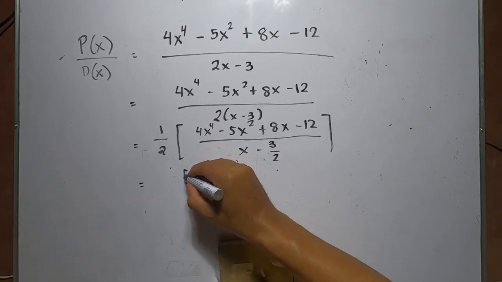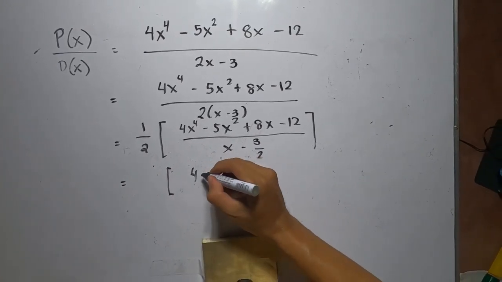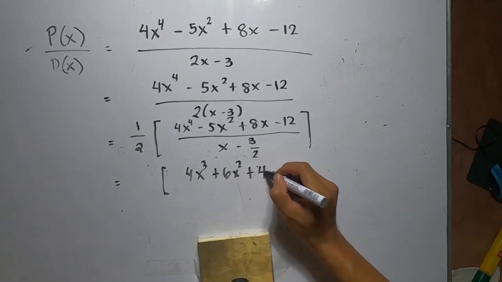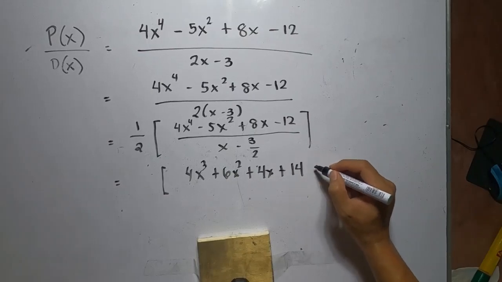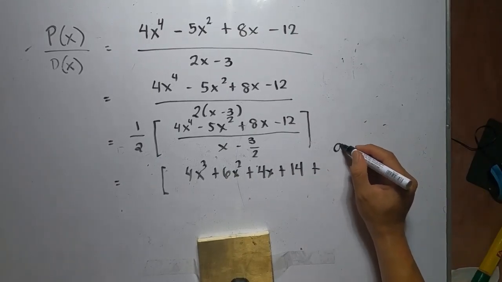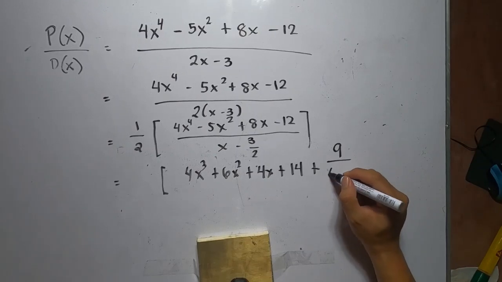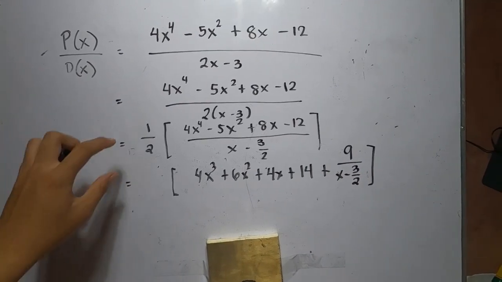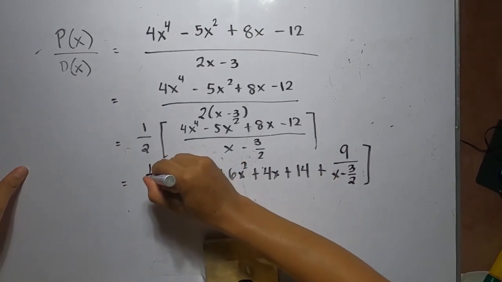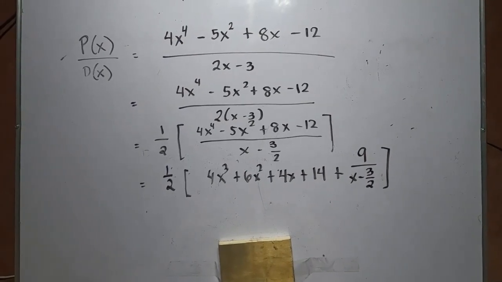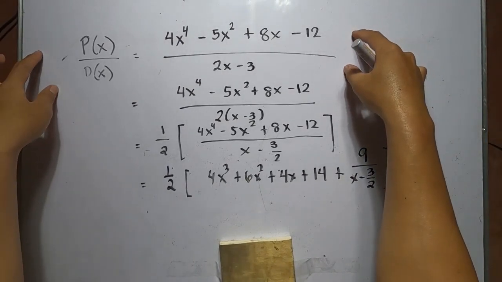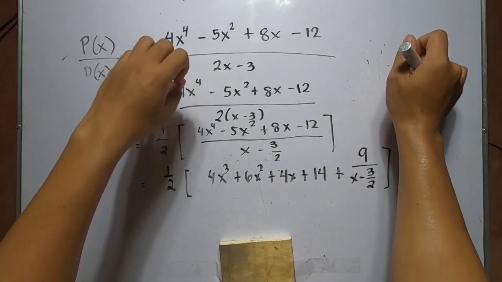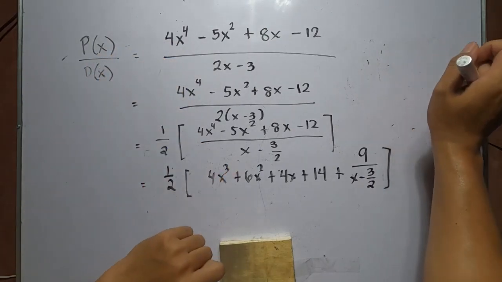And that is 4x cubed plus 6x squared plus 4x plus 14 plus the remainder 9 expressed as 9 over x minus 3 halves. That is to be multiplied by 1/2. Because, as you remember, we have written this original division sentence in a way that it will have a linear divisor whose leading coefficient is equal to 1.